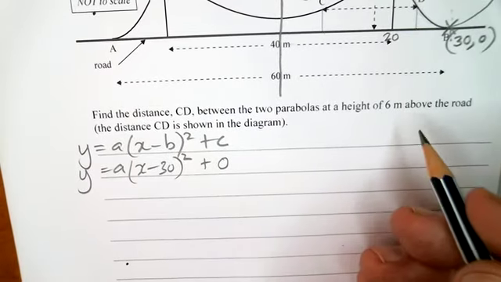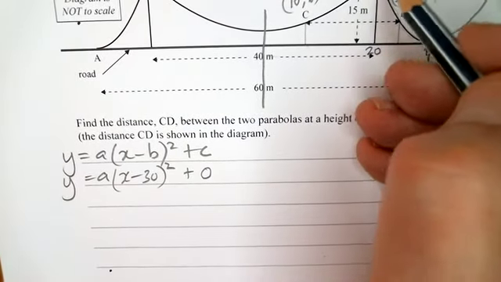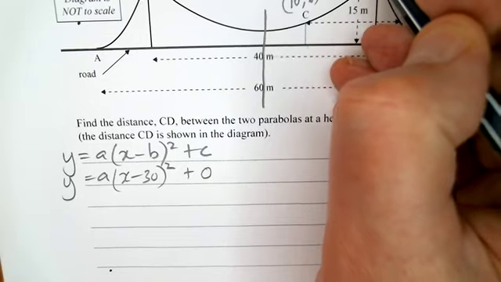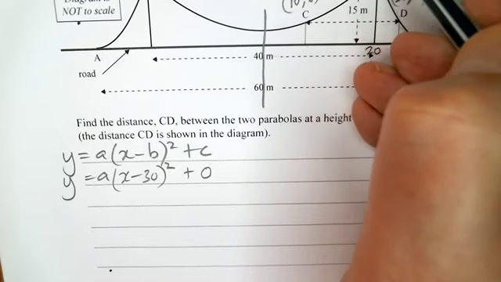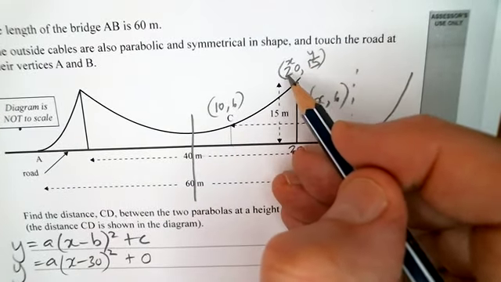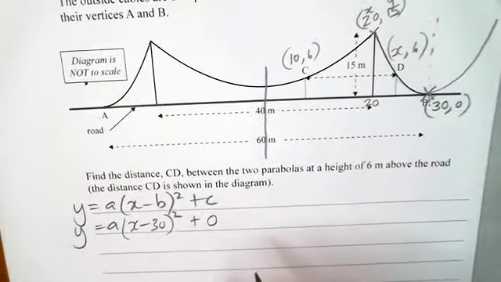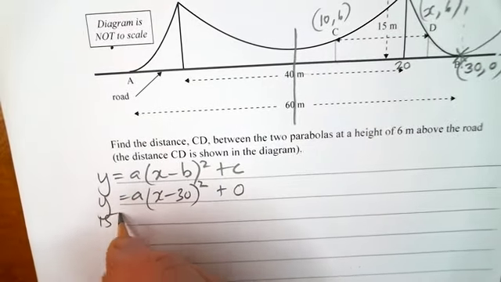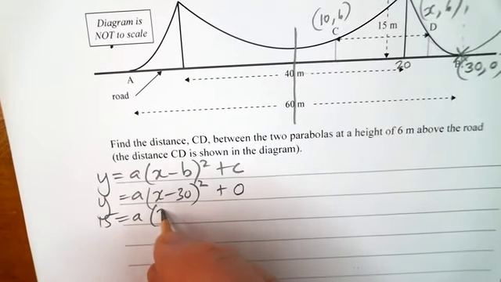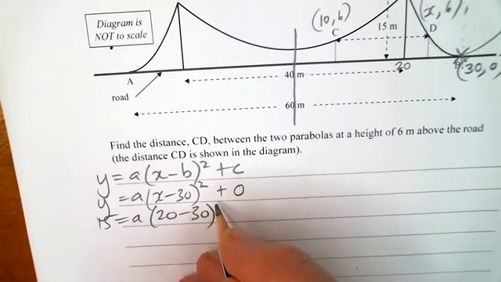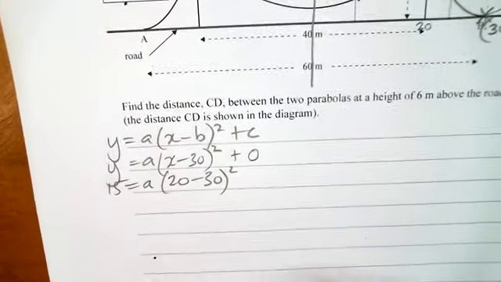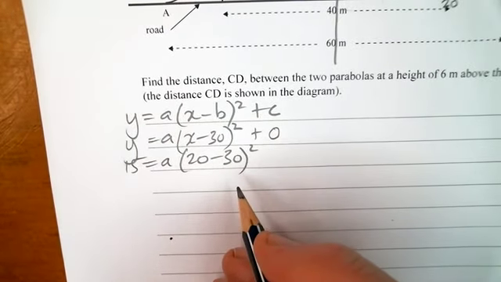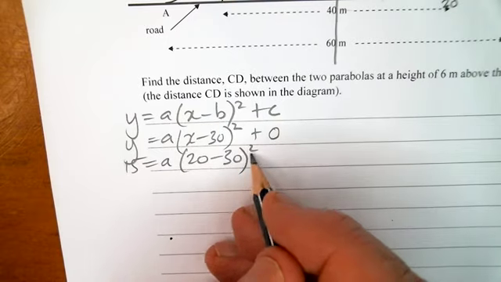Well, let's now populate this with the x and the y coordinate. I'm using 20 for x and 15 for y. So 15 is equal to a(20 minus 30) all squared plus 0. I'm going to leave that out. 20 minus 30 is negative 10. Negative 10 squared is 100.